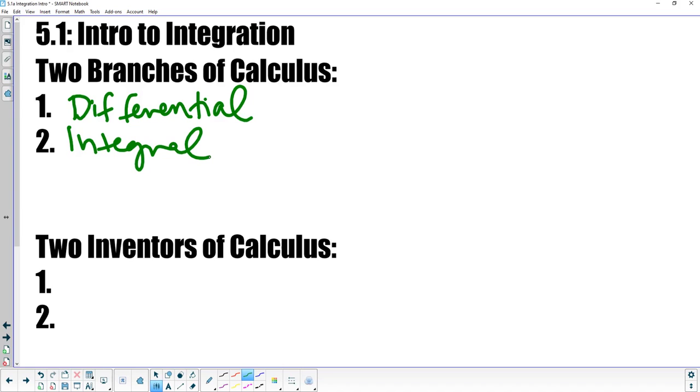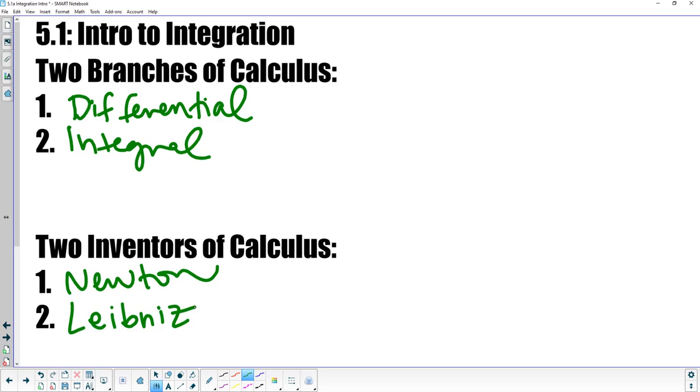There are two inventors of calculus. Do we know either of them? Oh, yes. Newton gets all the credit, though. He did do a lot of things. Do we know the other inventor? Oh, that was a really good guess. Leibniz. Okay, choir people. German. The I comes after, right?